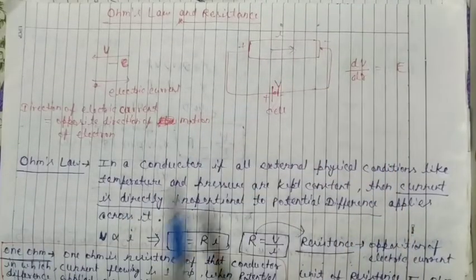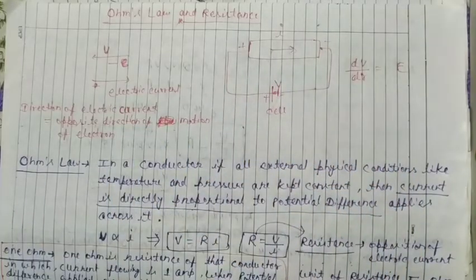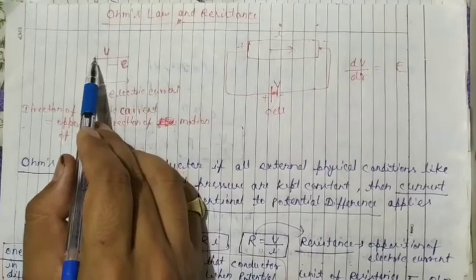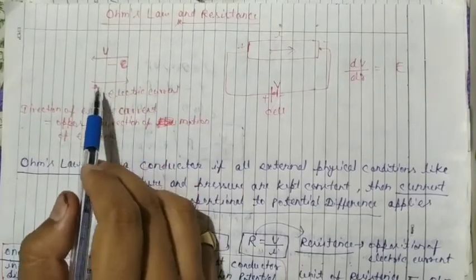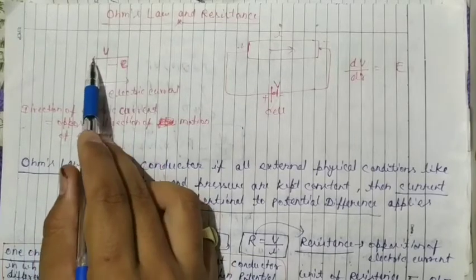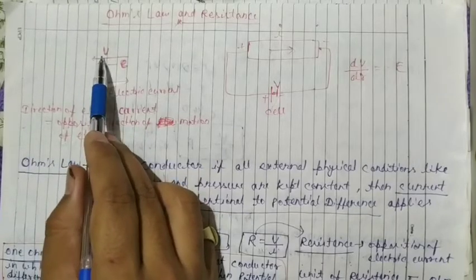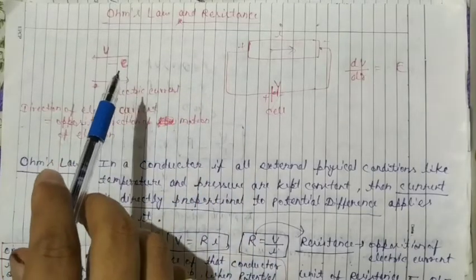and when they move, what is the direction of electric current? We have learned in the previous class that if electrons are moving in this direction, then the direction of electric current is rightward, opposite to the motion of electron.